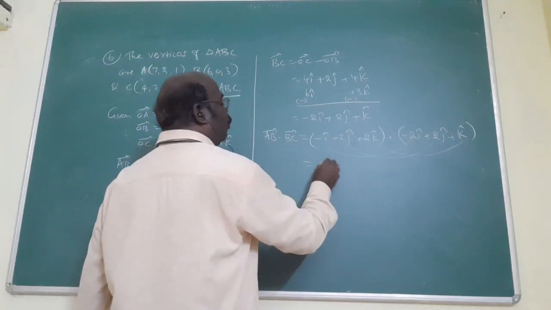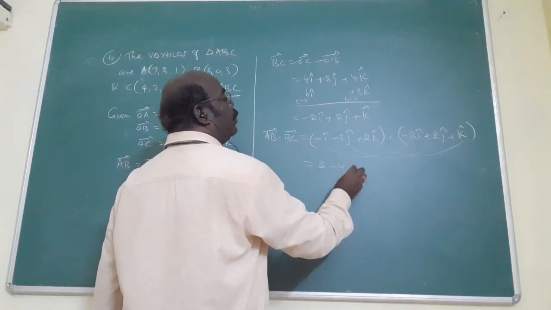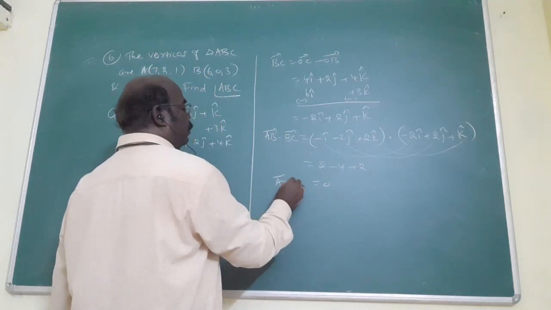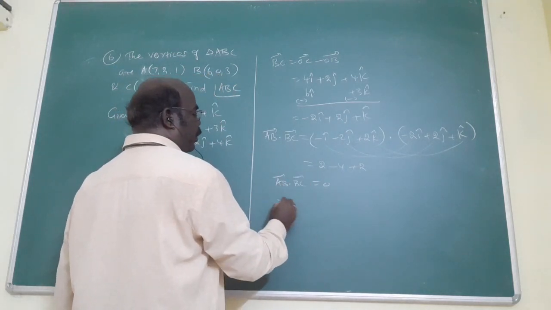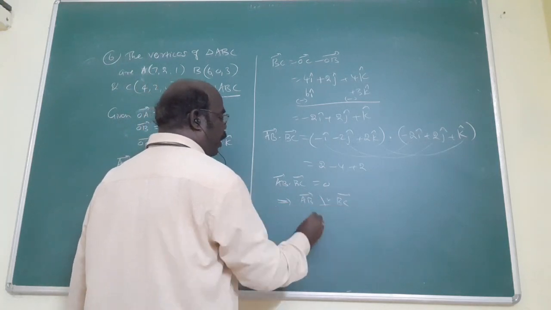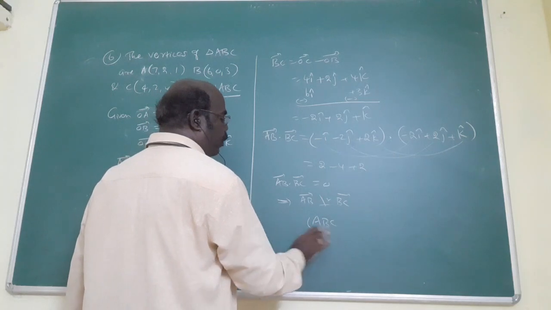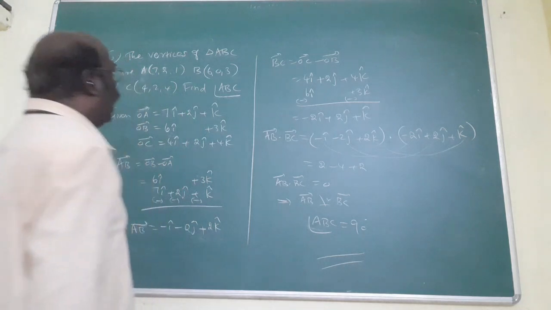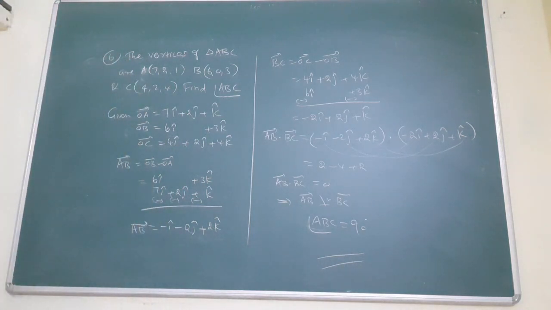Minus times minus is plus 2. Then minus 4 plus 2. 0, you know. That means what? It symbolizes AB is perpendicular to BC. That means angle ABC equals 90 degrees is the answer. That's all. The angle will be asked as pi by 2 or 90 degrees. That's the answer.